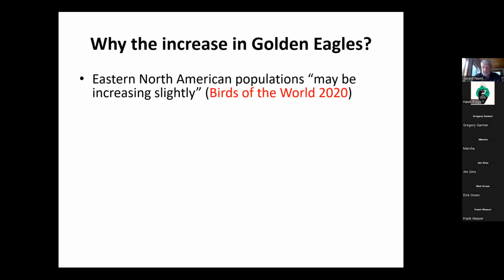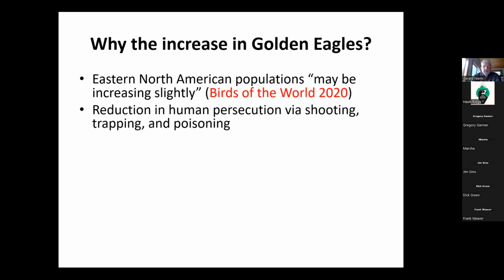But there's certainly the species counted at Hawk Mountain and in the eastern area are from that eastern population. There has been, again, reduction in human persecution via shooting, trapping, poisoning, education, and some of the legal action that has taken place has helped that.